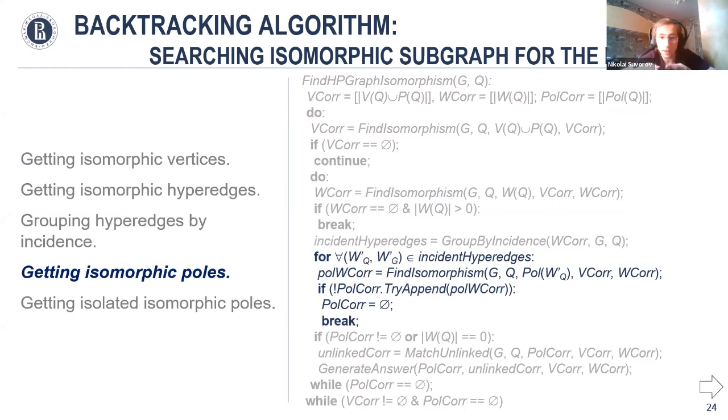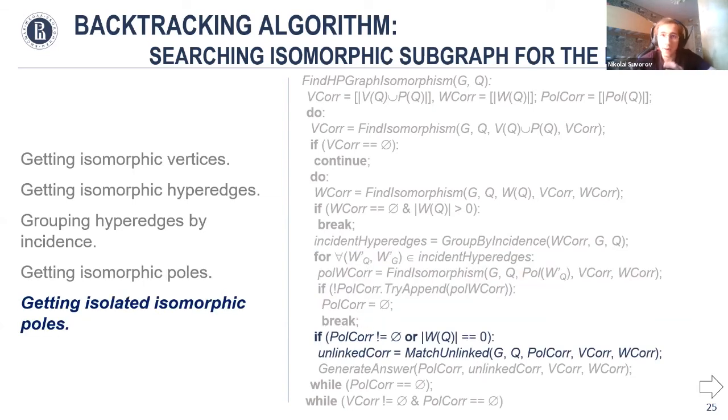If the matching fails for any group, the algorithm moves to the previous level. Finally, the matching of isolated poles is performed. By isolated poles, we mean those which do not have any incident hyperedges. After that, the answer is generated. For simplicity, this algorithm is given for getting only the first isomorphic subgraph, but it can be transformed for searching for all embeddings of the pattern.